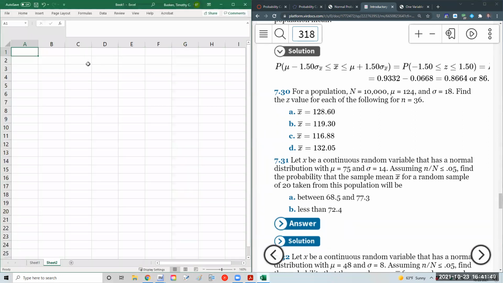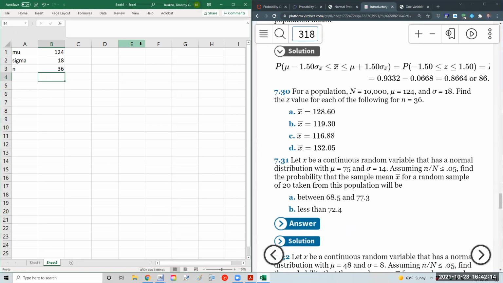Getting back over here, let's put in the values here. So mu and sigma and n. All right, so those three values are 124, 18, and 36.